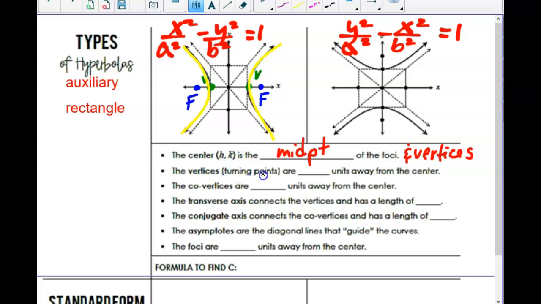The vertices or turning points are always A plus or minus A units away from the center. The co-vertices are going to be B units away from the center.